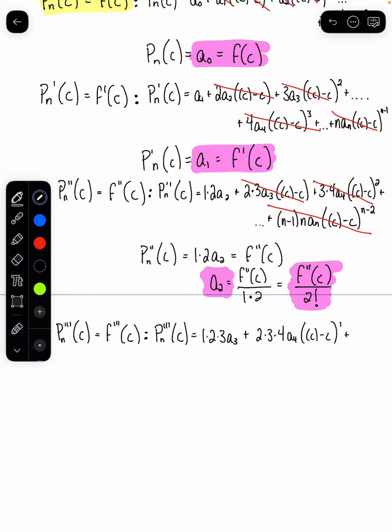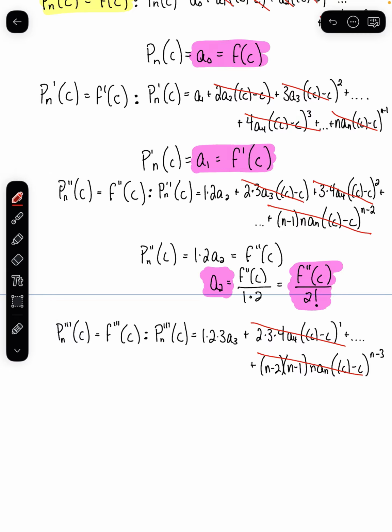Now I could continue to write out other things here, but I think we've gotten the idea that when we substitute x equals c, all of these other terms have a c minus c factor in them. So regardless of their coefficients or the powers on them, each of them is going to drop out because the c minus c creates a factor of 0.